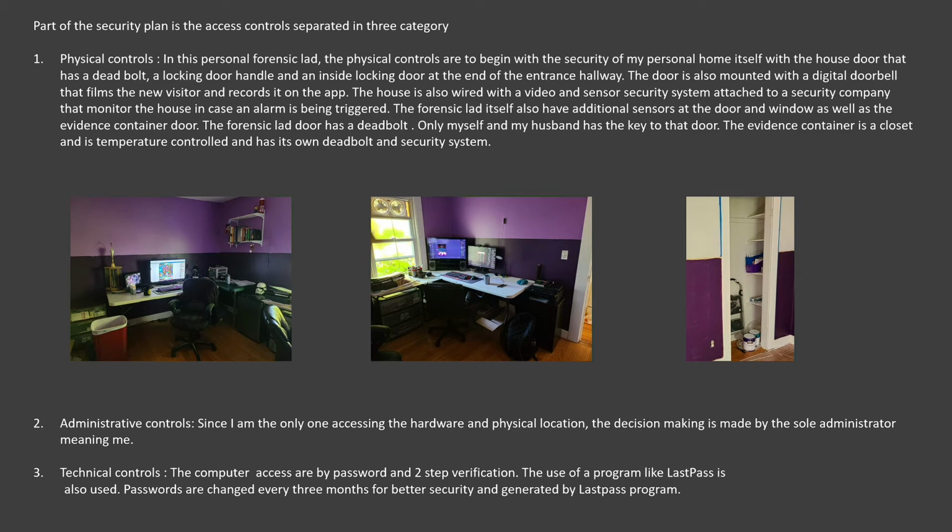So access control: first of all, there is physical control, and since I would do it in a home setup, I would have the physical controls, which are the front door, a deadbolt with a security system, a locking handle, and probably a doorbell that would capture on film the visitors that come through my home.